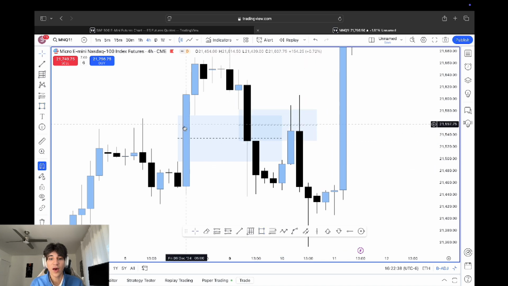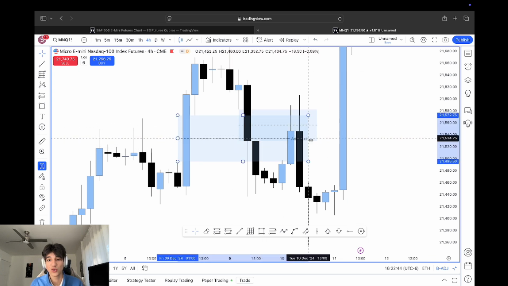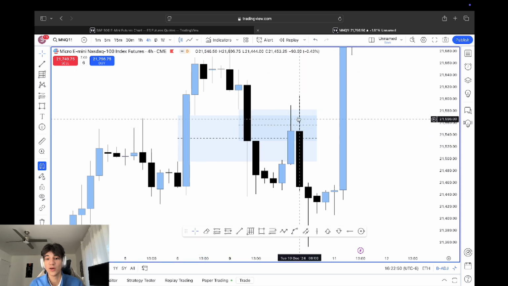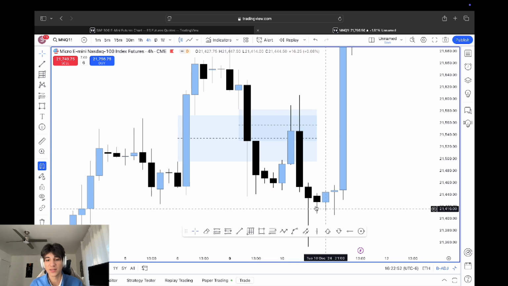So now we have a bearish inverse fair value gap and then a bearish fair value gap. So two bearish imbalances, and we see that this little blue zone right here, price taps into and then respects it and then continues further down. That is an example of a bearish BPR.